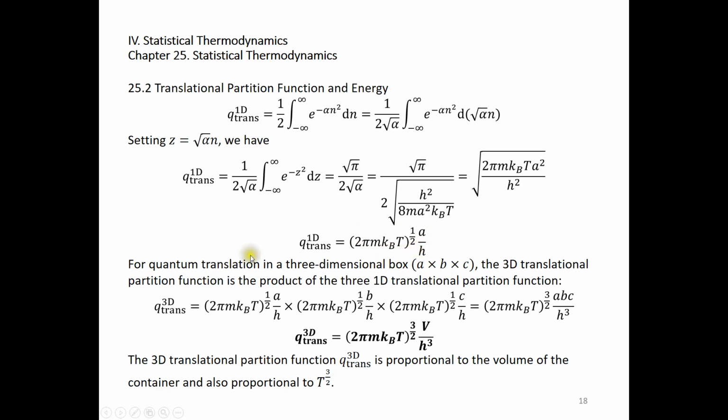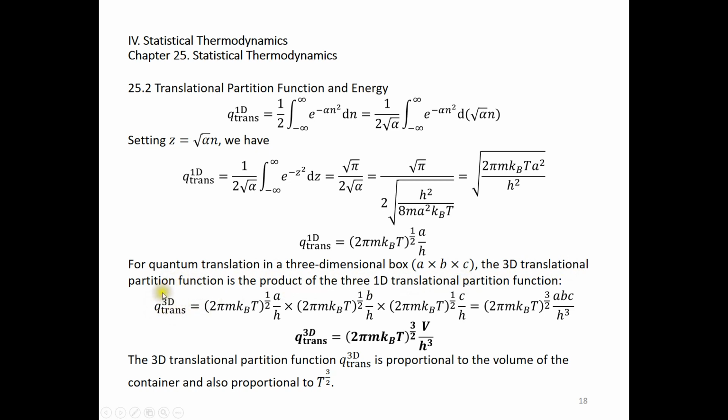For a quantum translation in a three-dimensional box with side lengths a, b, and c, the 3D translational partition function is the product of the three individual one-dimensional translational partition functions.